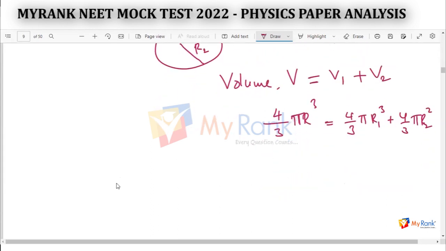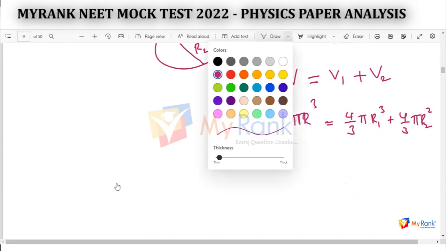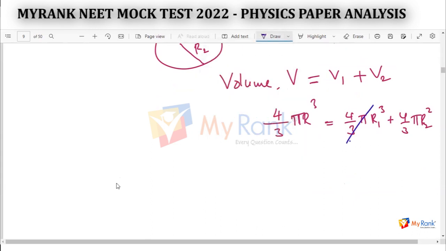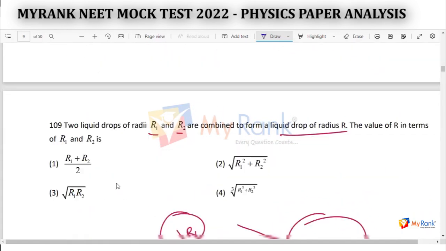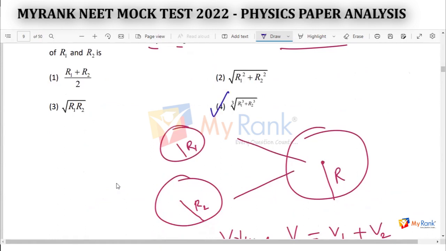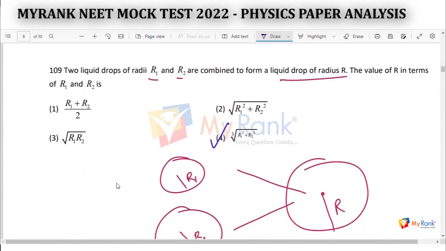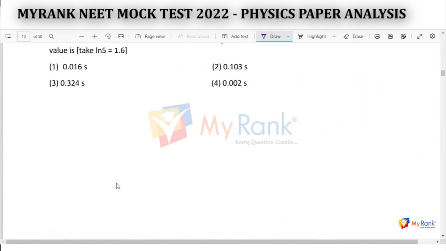In this, the 4 by 3 pi gets cancelled. So R cube is there now, and on the other side R1 cube plus R2 cube. Here the cube root, students, since the power 3 is there for R. It's not a square root, it's a cube root. So this will be the radius of the big drop. See the correct option: here the fourth is the correct option, right? And the next question is this.